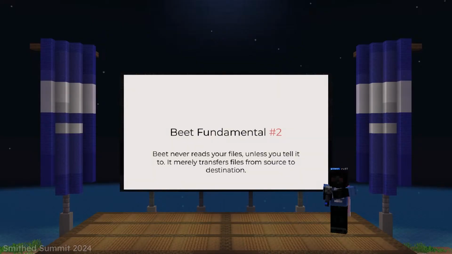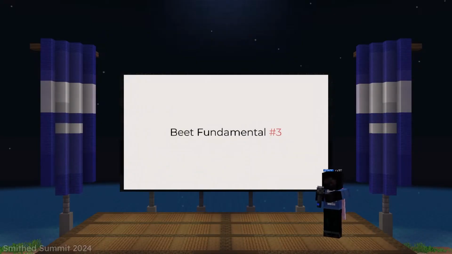It will only look at the files that you want to and read those on the fly. So for minify.json, if you only ran minify.json, it wouldn't open any of your mcfunction files. It only opens the JSON files, minifies it, saves it, and continues. Beet respects your wishes. It will not go beyond what you want it to do.